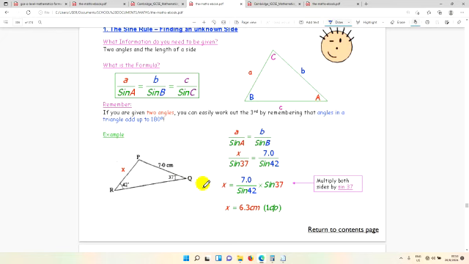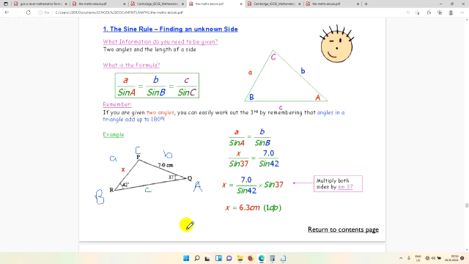You can even take this to be your A. This will be your letter A, capital letter, because angles are denoted by capital letters. Right, so having done this, a over sine A is equal to b over sine B, which is equal to c over sine C.